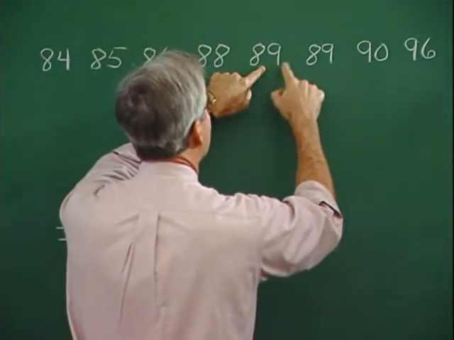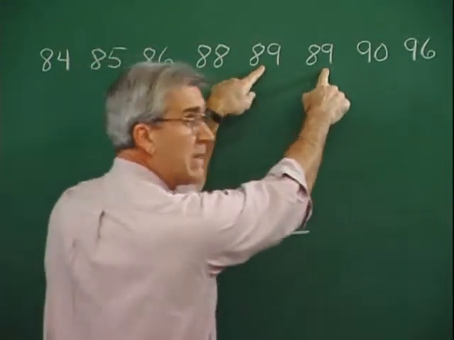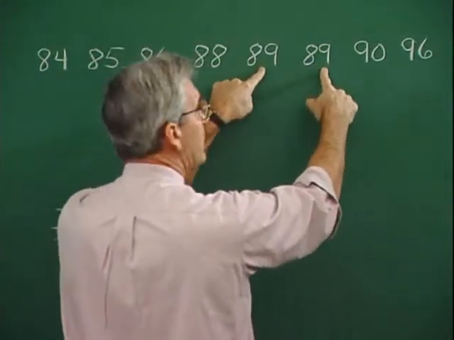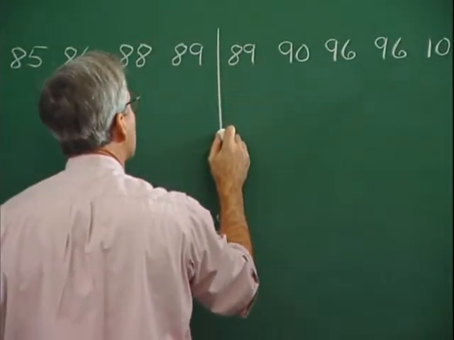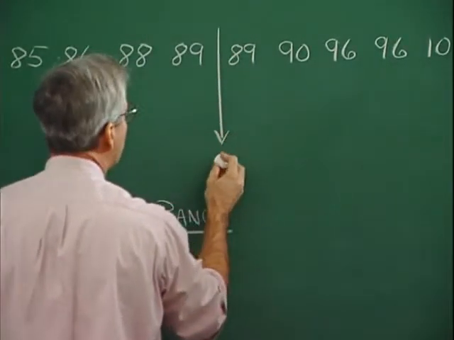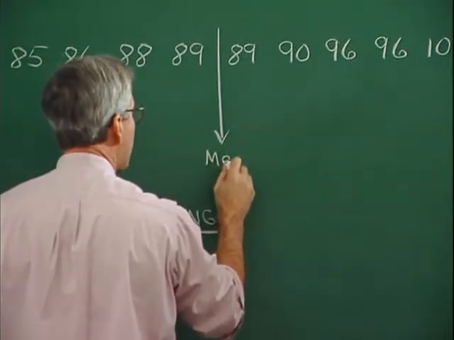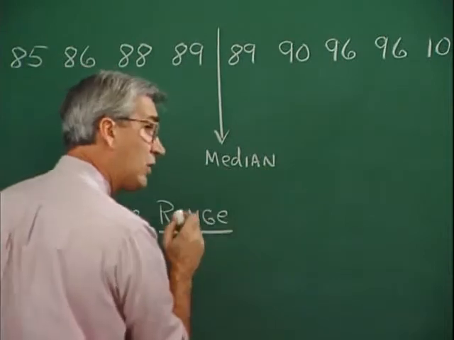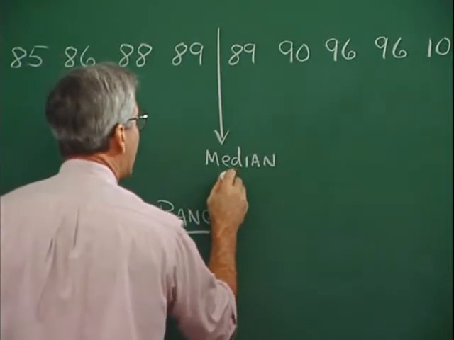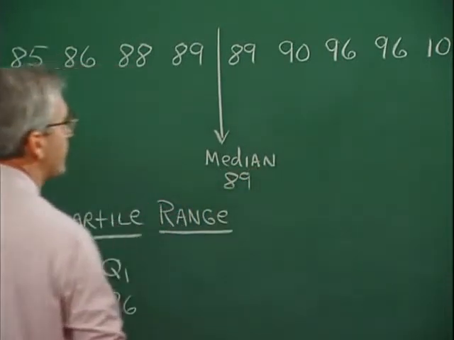So it's between the 5th and 6th. The mean of 89 and 89 would be 89. So this then would be the median, also the second quartile number, and the value is 89.